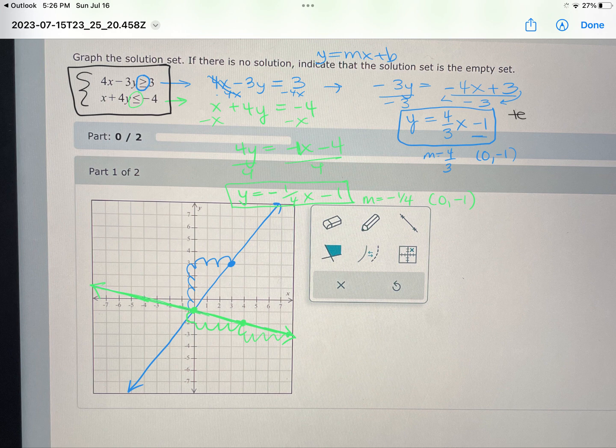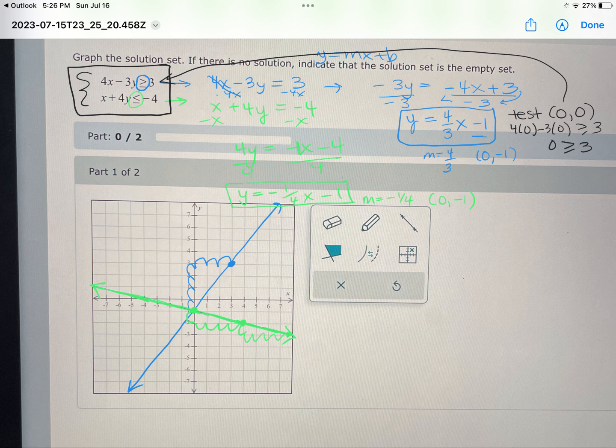I'm going to go back to that first line, and I love testing 0, 0 because that's really easy to plug in. You can always plug in the point 0, 0 as long as your lines don't go through it. So to test, I have to consider that very first inequality. I put 0 in, and I want to see if it's going to be a true or false statement. When I plug in all those zeros, I get 0 on the left and greater than or equal to 3.